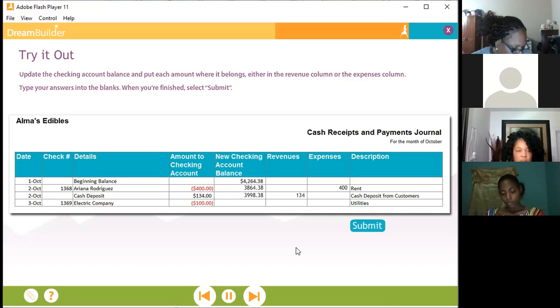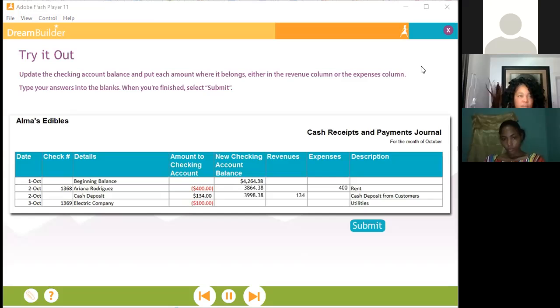You have to subtract the 1369 by the 3998. The 1369 is the check number. The area that you have to look at is the amount to checking account. That's the column that you have to be looking at.